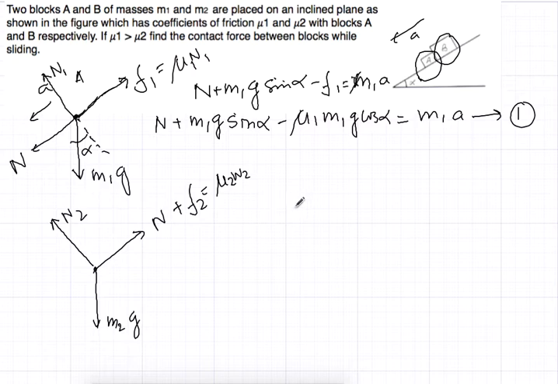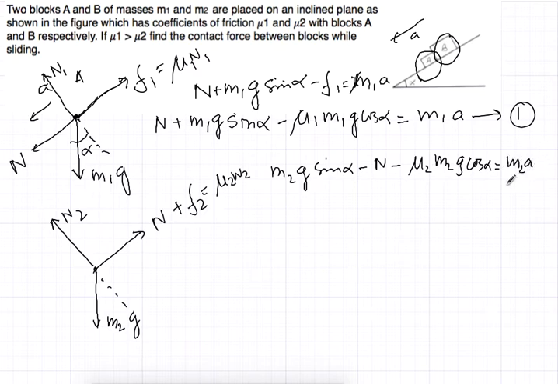The component of m2 g along the incline is m2 g sin alpha, so m2 g sin alpha minus N minus F2, where F2 is mu2 m2 g cos alpha, equals m2 a. This is my second equation. It is similar: here we have mu1 m1 g cos alpha, and here mu2 m2 g cos alpha.